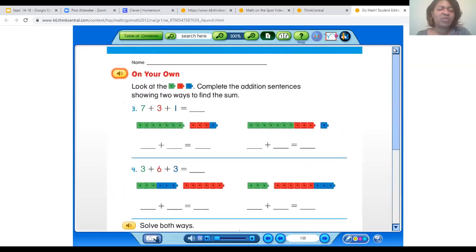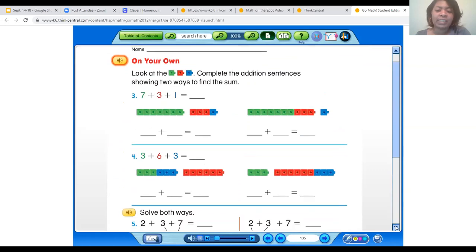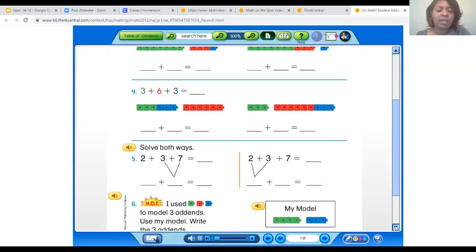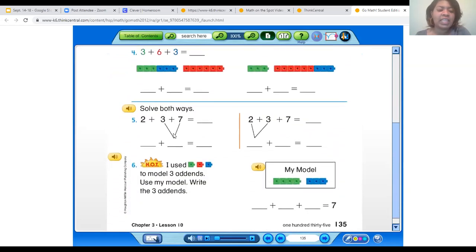Now I believe that you guys can do number 3 and number 4 on your own. So I want you guys to do that just like I just showed you. All right. And this is another way to do it. Instead of using the cubes, they just put a little cone or triangle right there, telling you what to add together first. So first, we're going to bring the 2 down right here. We're going to add 3 and 7.